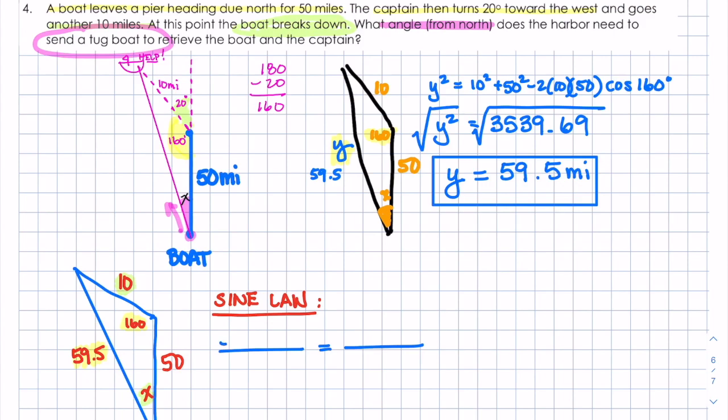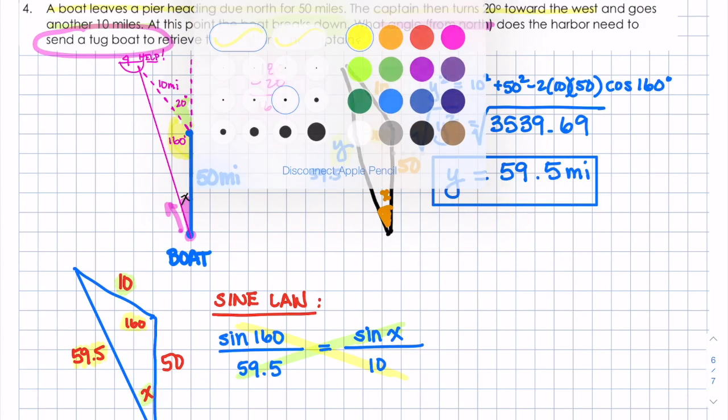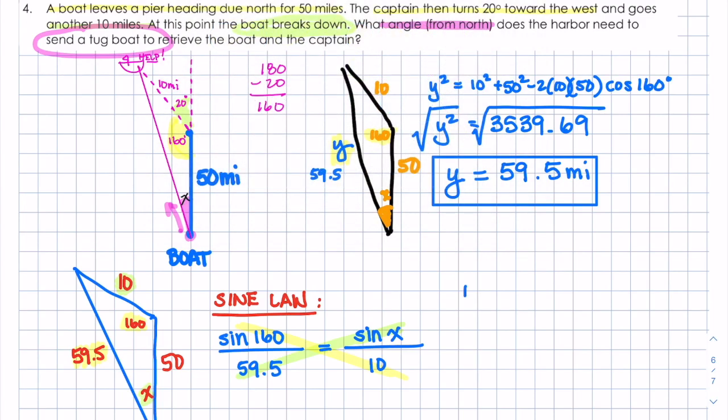So let's see, this is going to be sine of 160 over 59.5 is equal to sine of x over 10. So if I cross multiply, I'm going to get these matching, these matching. So then I'll get 10 sine 160 is equal to 59.5 sine x. And my goal is to get the sine x alone.